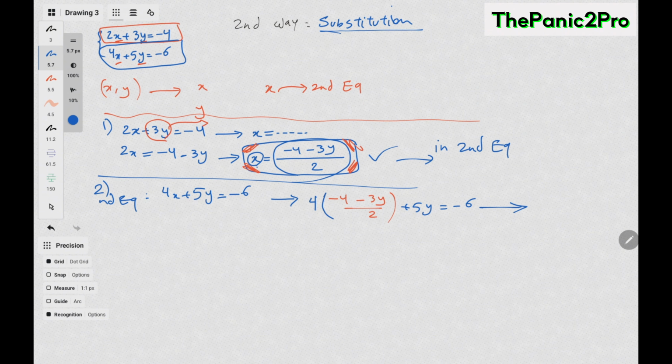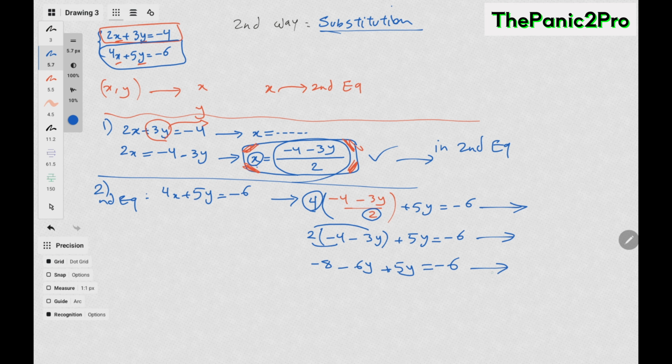Simplify that. I'm going to simplify this 4 and then 2 down here. 4 over 2 is 2. 2 times (minus 4 minus 3y) plus 5y is minus 6. Simplify that. 2 times minus 4 is minus 8. 2 times minus 3 is minus 6, plus 5y is minus 6.